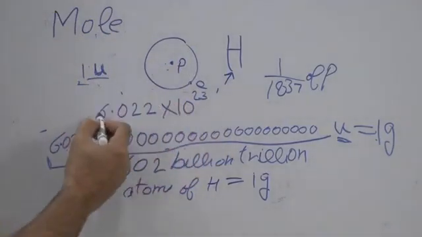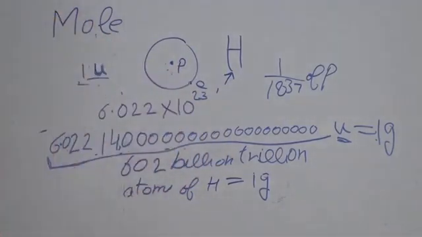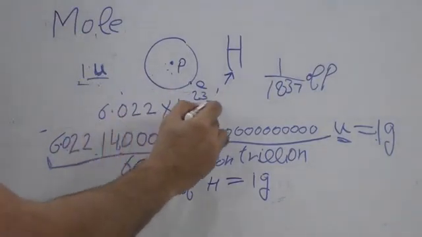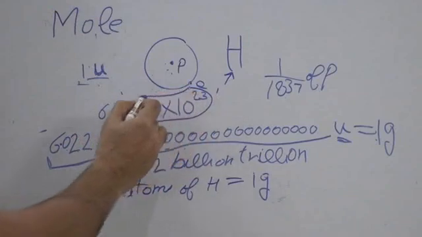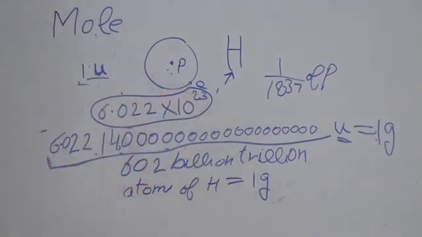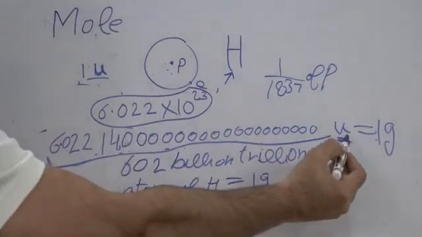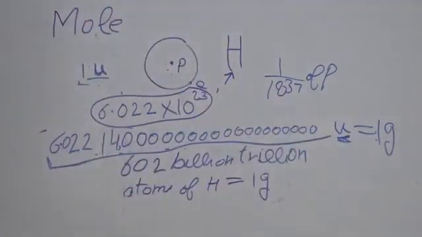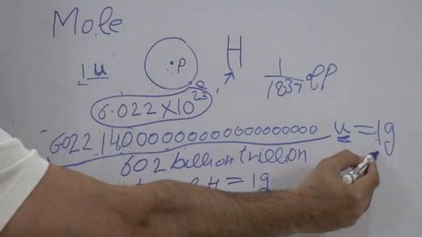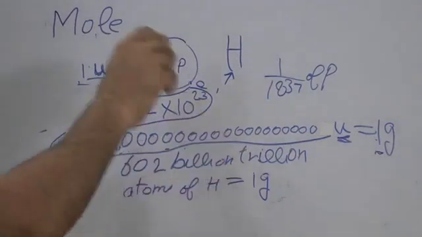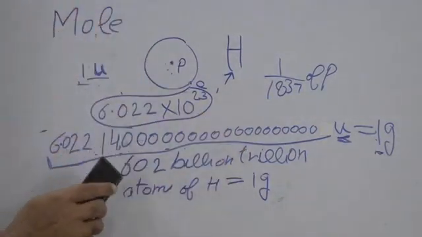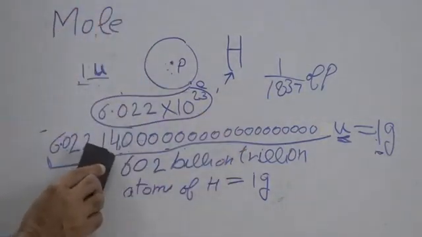This many hydrogen atoms, or this many of all those entities whose mass is 1 U, would weigh 1 gram. Is that clear? 602 billion trillion approximately. We have taken only up to this.